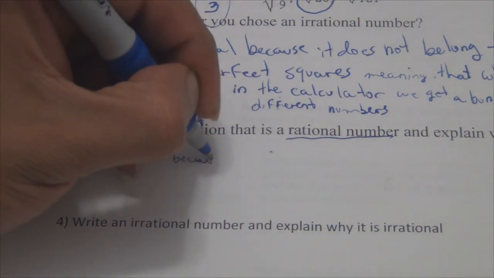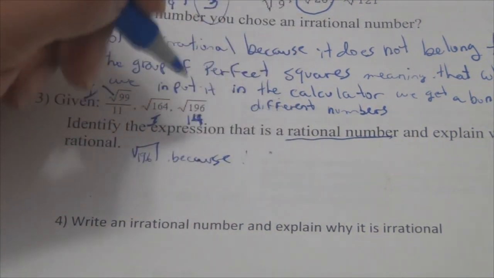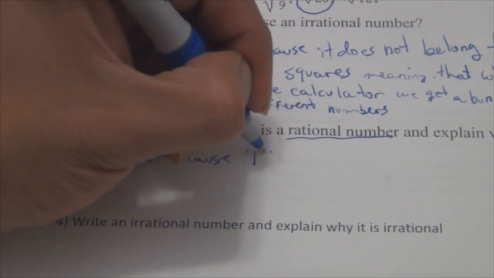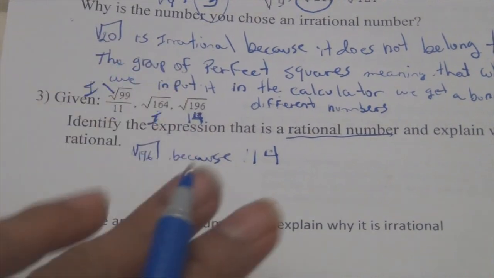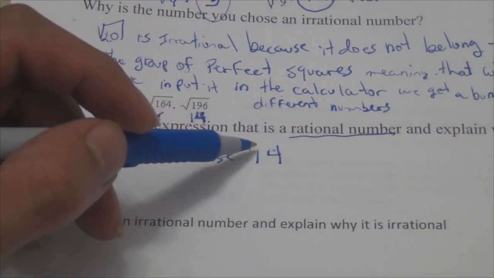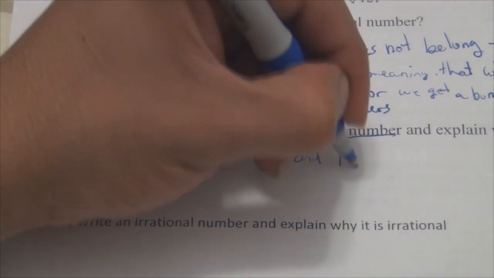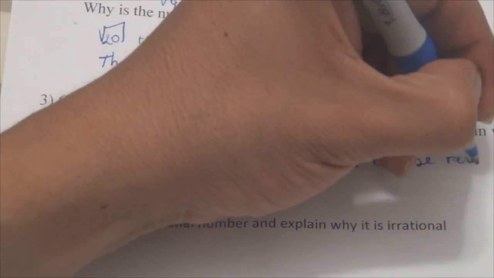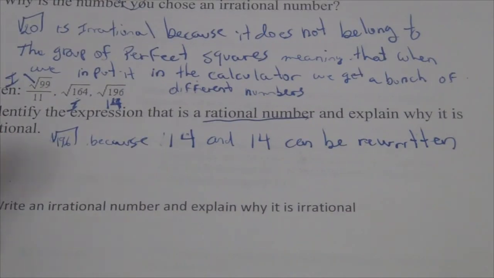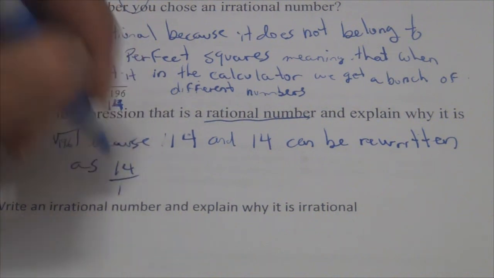because the square root of 196 is 14, right? I'm not writing the whole thing, I'm just giving you reminders. So the square root of 196 is 14, and 14 can be rewritten as 14 over 1.